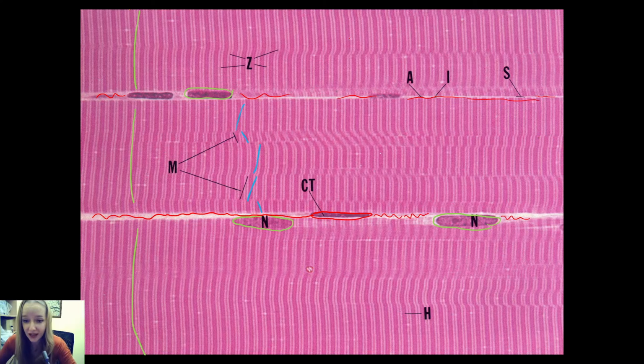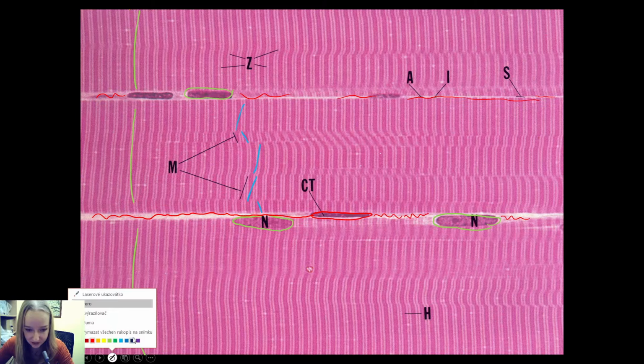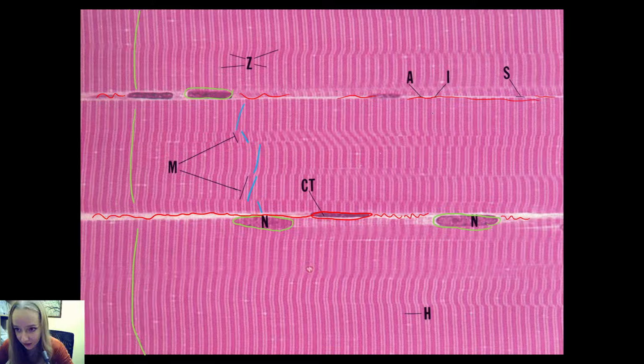Yeah, and here we can see this striation. So let's go back, where more details can be seen. In the middle of an isotropic band, remember, the isotropic band is this light band over here. It was dark in a polarizing microscope, but in this light microscope it's light.